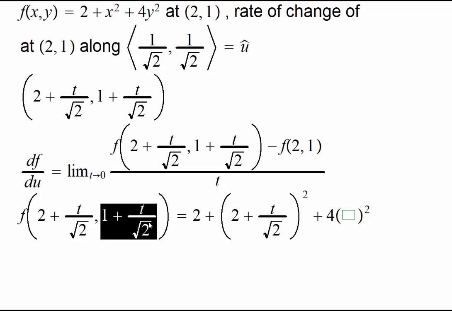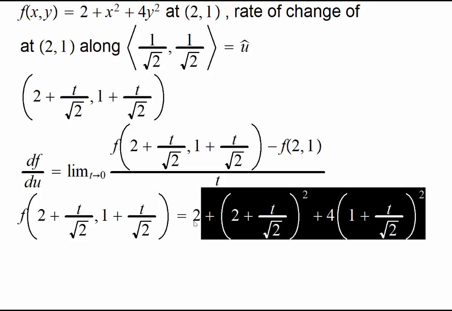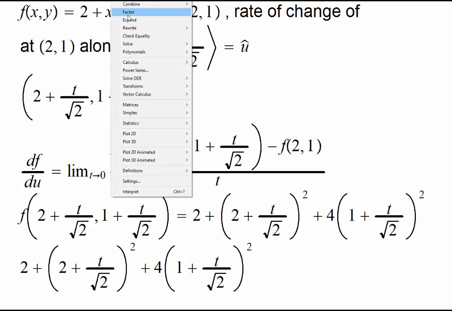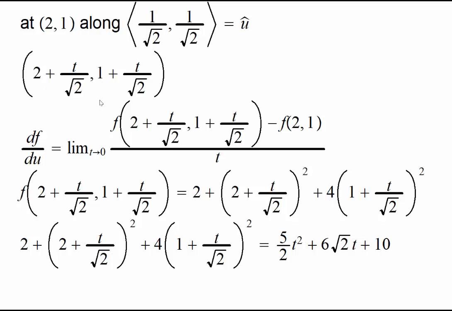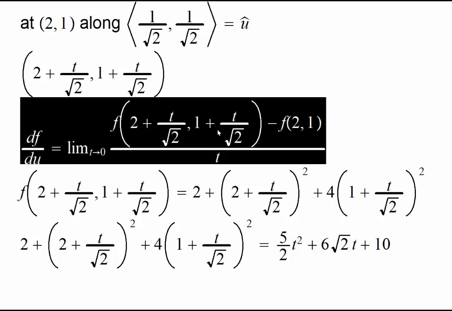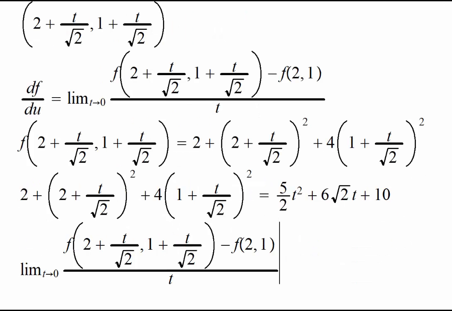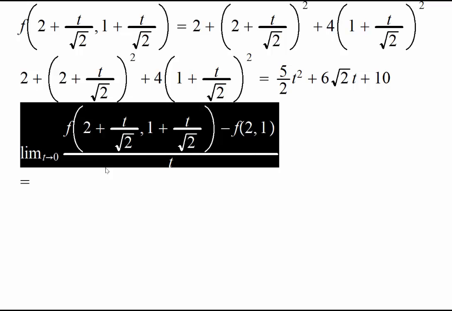So what is this whole thing if we expand it? That's how much this comes out to be. So this quantity here, this would be the limit as t goes to 0. This is the first one.